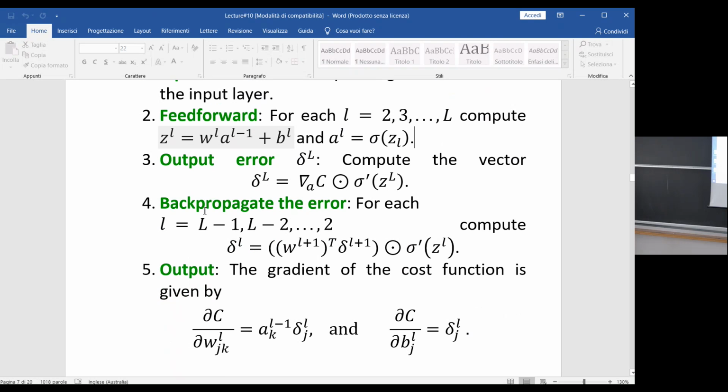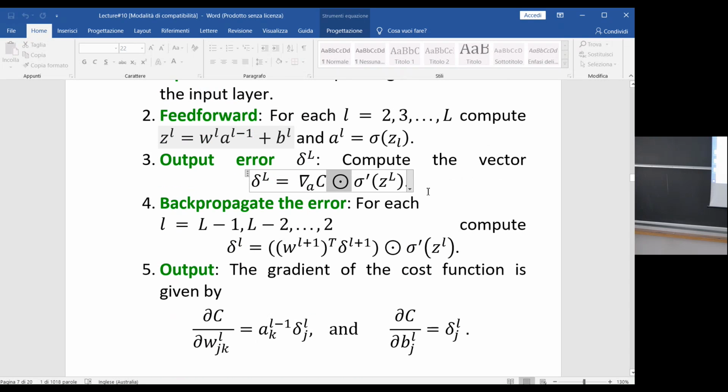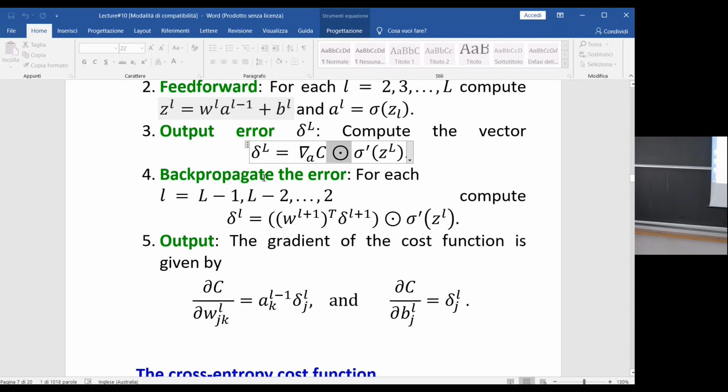Then compute the output error vector delta L: the vector nabla_a C, then component-wise multiplication by sigma prime at the vector z^L.